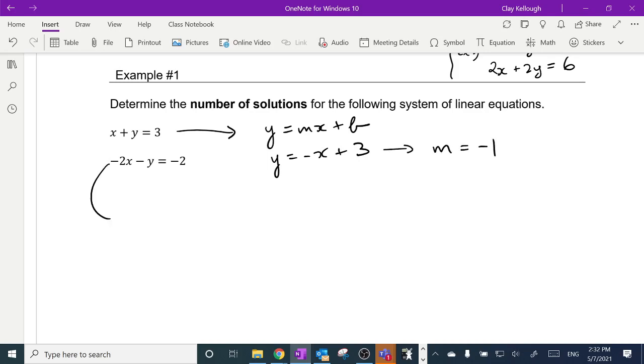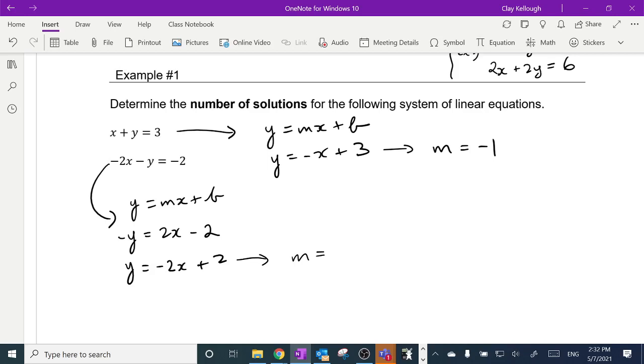For this equation, if I rewrite it into the form y equals mx plus b, okay, well, I'll move the negative 2x to the other side by adding. Then I'll divide both sides of the equation by -1. And this one has a slope of -2.